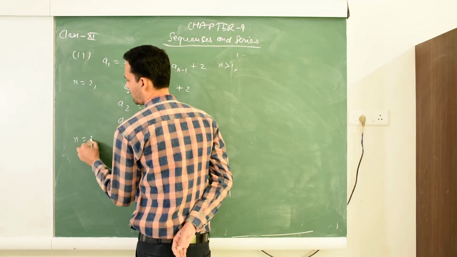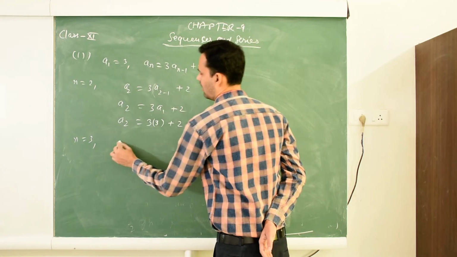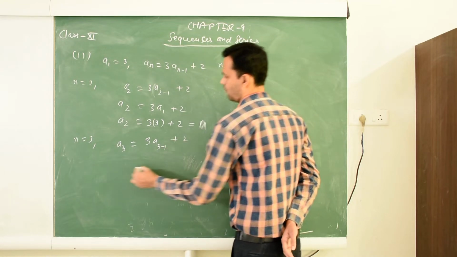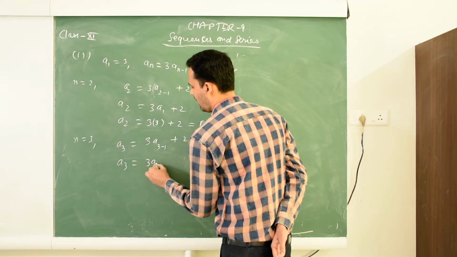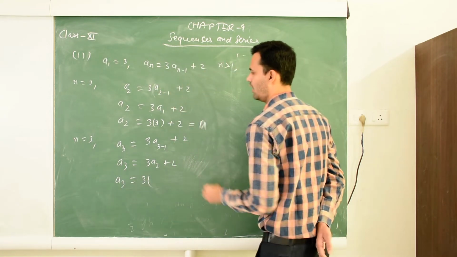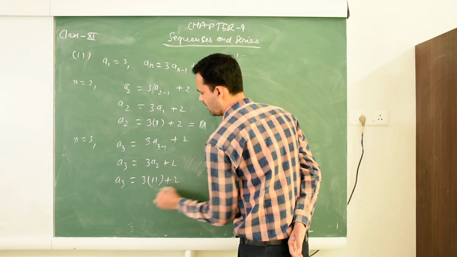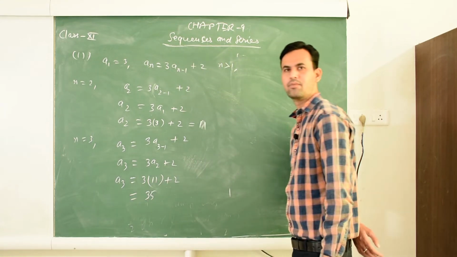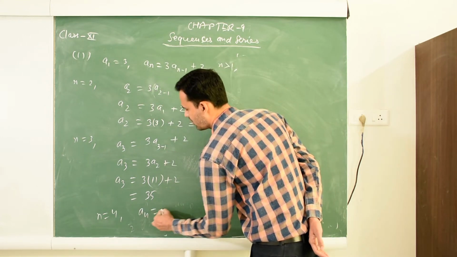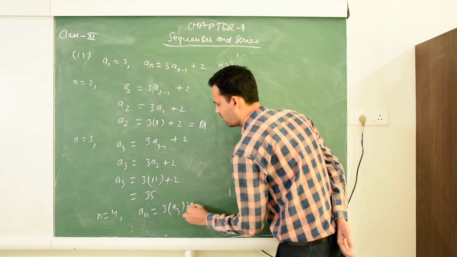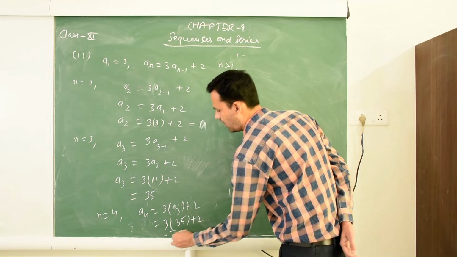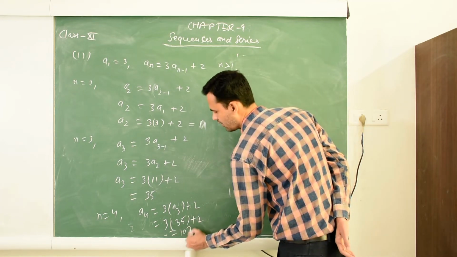Now we put n equals 3, so a3 equals 3 a2 plus 2. The value of a2 is 11, so 3 times 11 plus 2 is 35. Similarly n equals 4, so a4 equals 3 a3 plus 2; the value of a3 is 35, 35 3s are 105, plus 2 is 107.